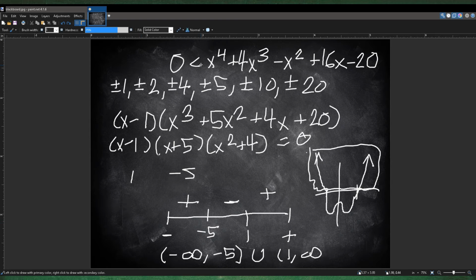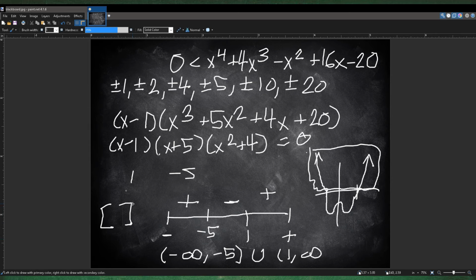This is only for when it's greater than or less than. When it's greater than or equal to, or less than or equal to, you're going to have to use these brackets.